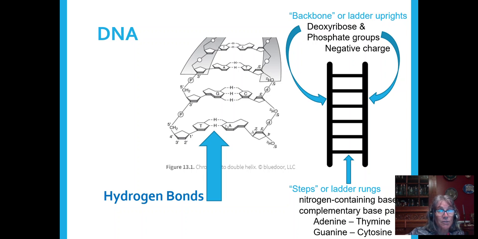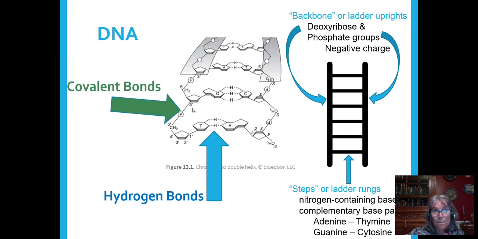Adenine can only form 2. So they pair up, because if I tried to connect my thymine to my guanine, there'd be a spare hydrogen bond. This hydrogen would be looking for some place to bond, and it would give me a kink in my ladder. So that's why my thymine and adenine always pair up, and my cytosine and guanine always pair up here. And they are connected by those hydrogen bonds.